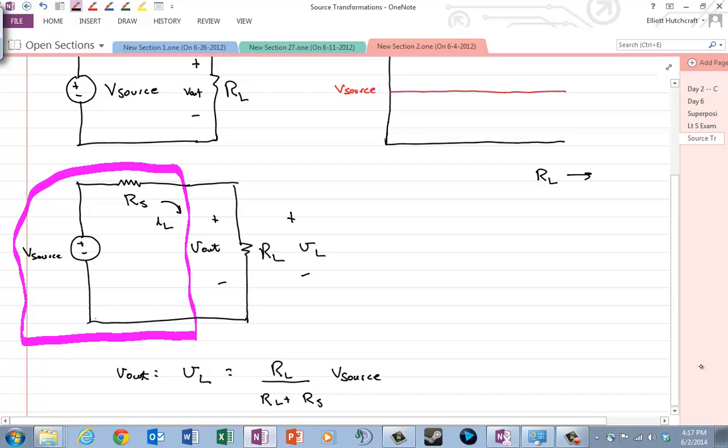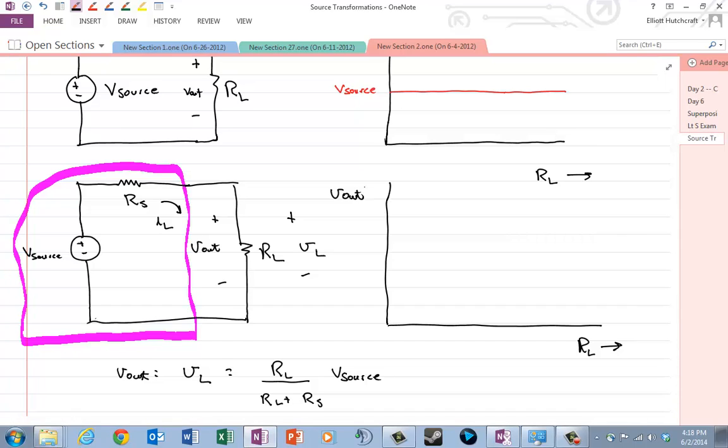Now let's draw this graph of what V out looks like versus RL. When RL is low, or 0, we get 0 out, so that's down here.